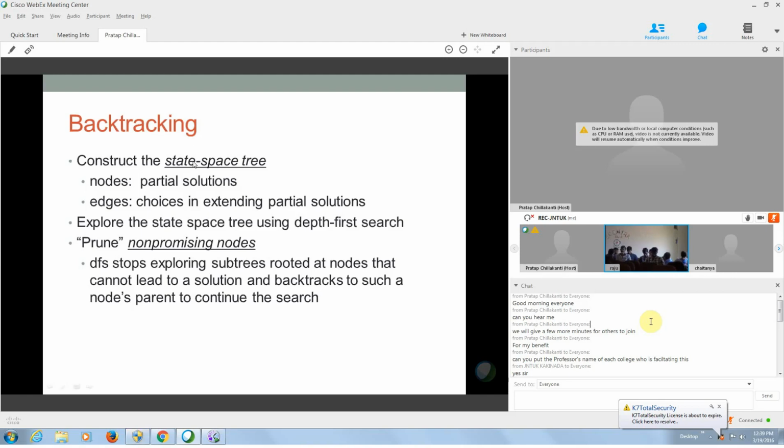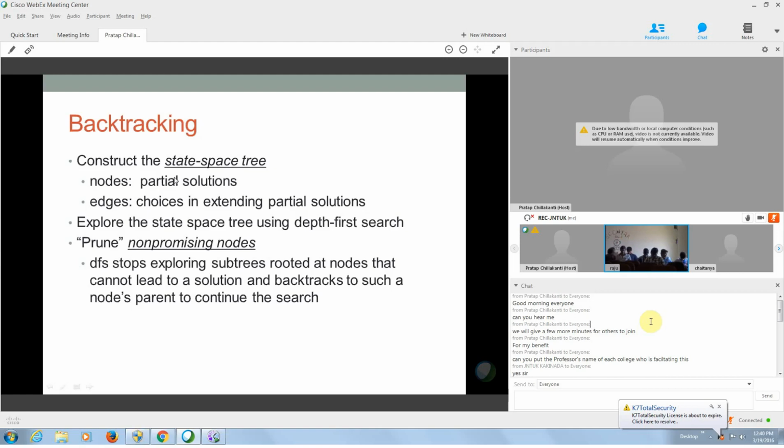So you're creating the state space tree. Trees are a great friend for data structures and algorithms. Each of the nodes in this tree basically signifies a partial solution. As you keep building the tree, those edges are telling you, hey, that's a promising path, so that's how you extend the partial solution along that path.